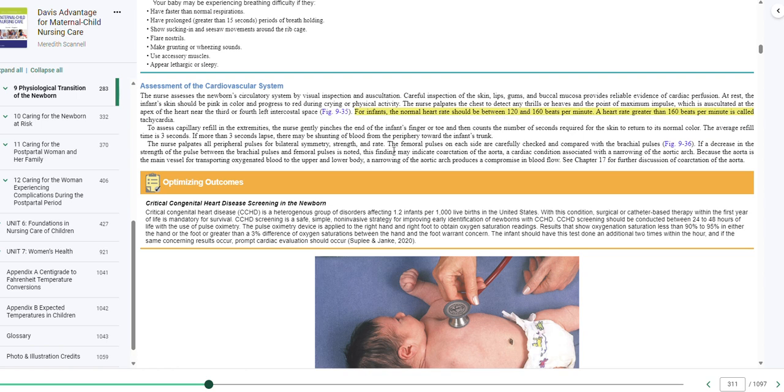You may or may not hear murmurs when you're listening to the heartbeat. Always remember, the louder the murmur, the smaller the hole. Let me say that again: the louder the murmur, the smaller the hole. The larger the hole, the softer the sound.